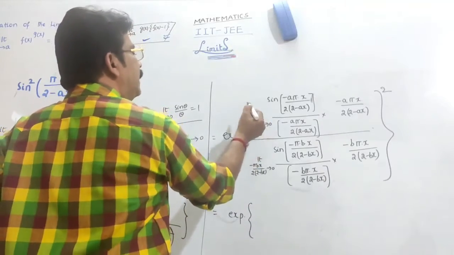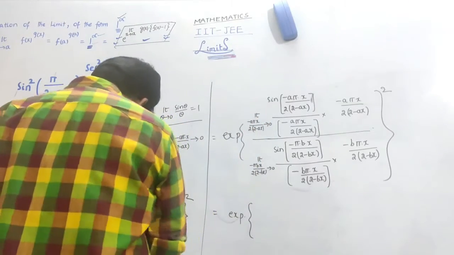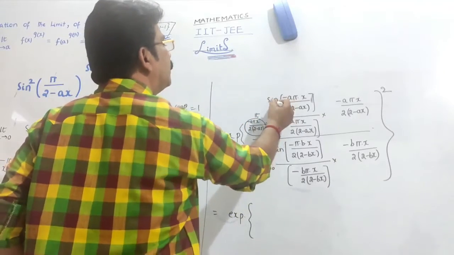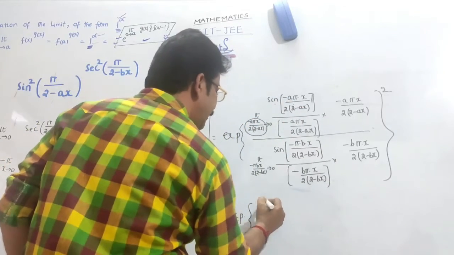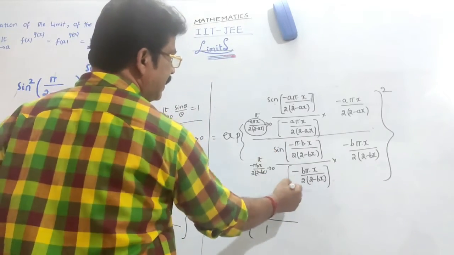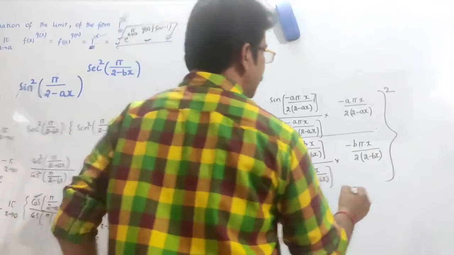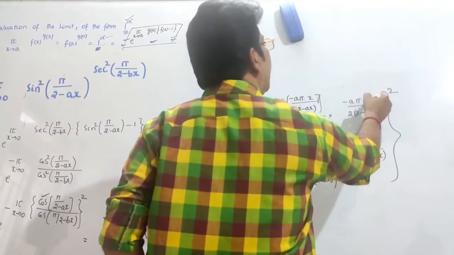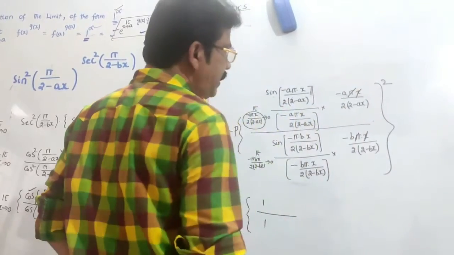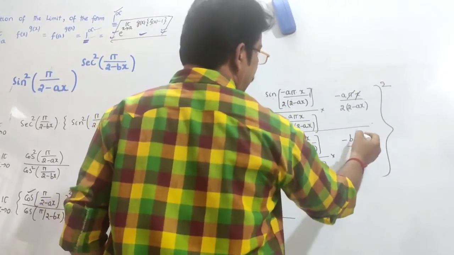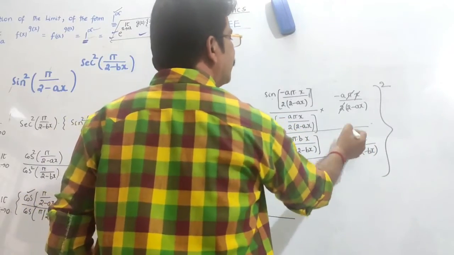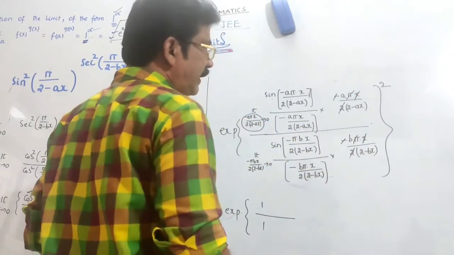So clearly limit theta tends to 0, sin theta by theta is 1. So it is 1 divided by 1. This one is 1. Right. Next here x cancels, pi cancels. Next 2 cancels. Minus also cancels.